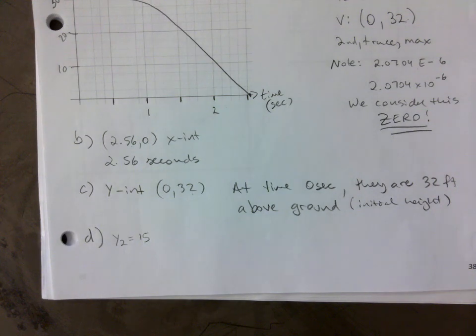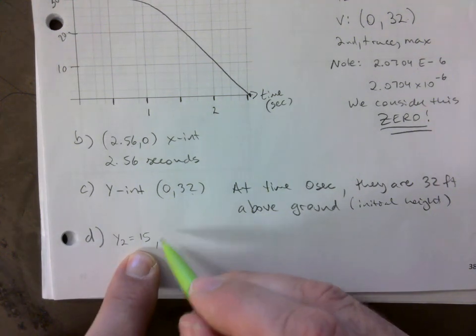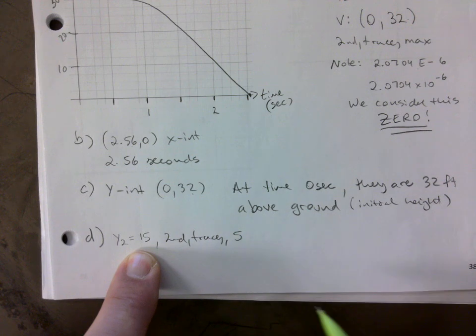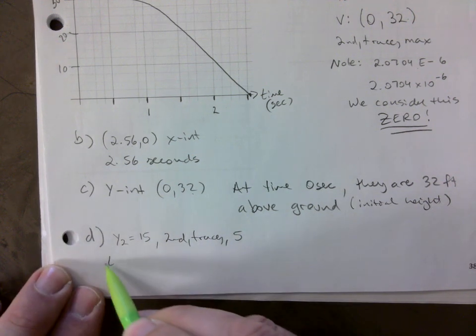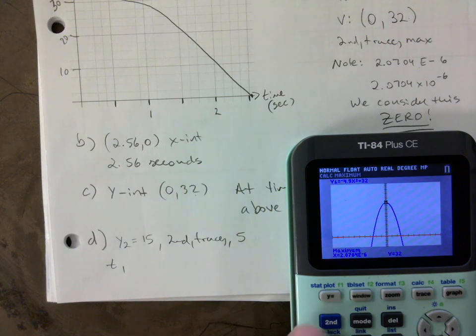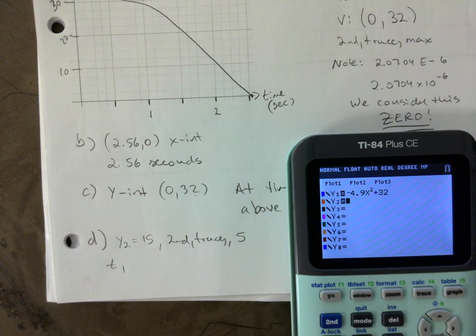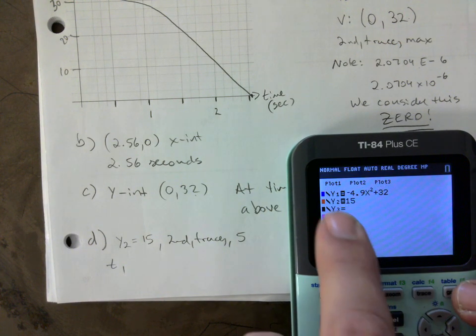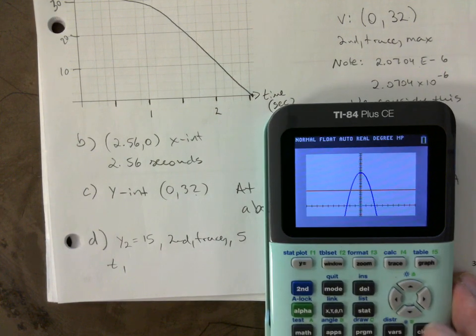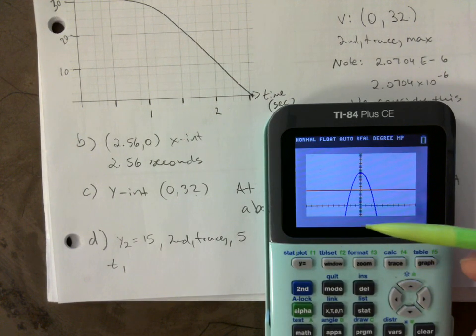I will draw a straight line at 15 and then find those intersections. Okay. Time 1, so let's go ahead and do that. If you've already done it, then maybe just watch, right? So y2 is equal to 15. I'm going to graph that. There it is.